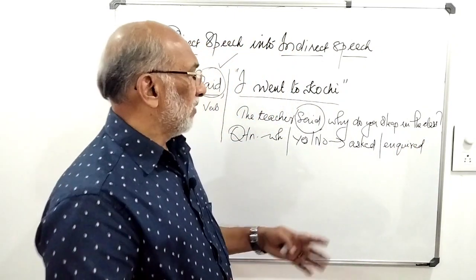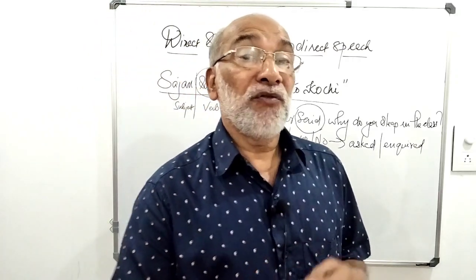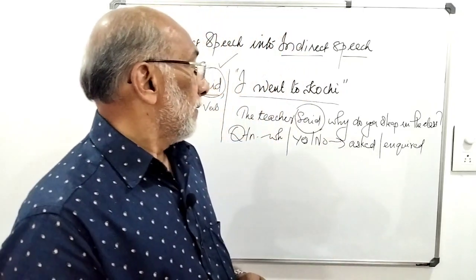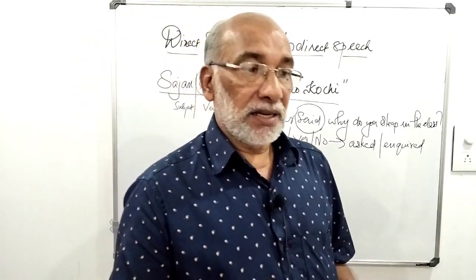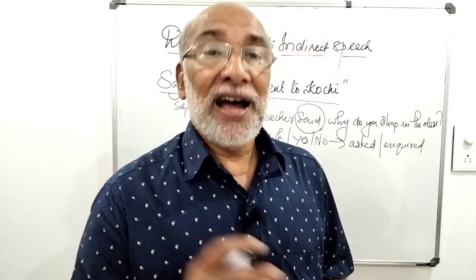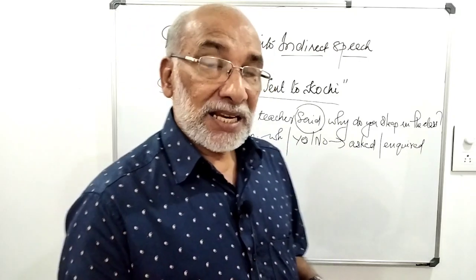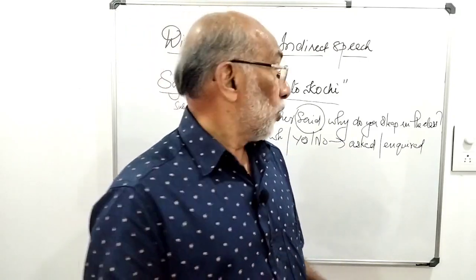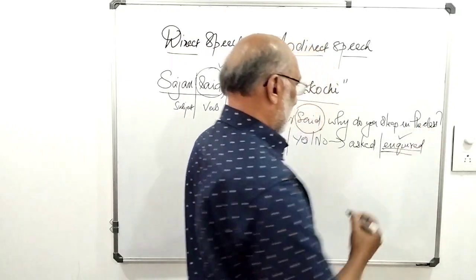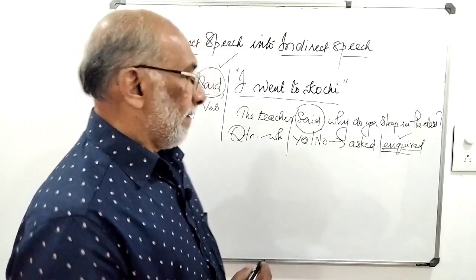Normal questions, everywhere you can use asked. Sometimes the question may be in the form of an inquiry, a query. For example, Arun said, what time does the train arrive? Here it's actually an inquiry. So we can use the reporting verb inquired. Okay, in other cases you can use asked.